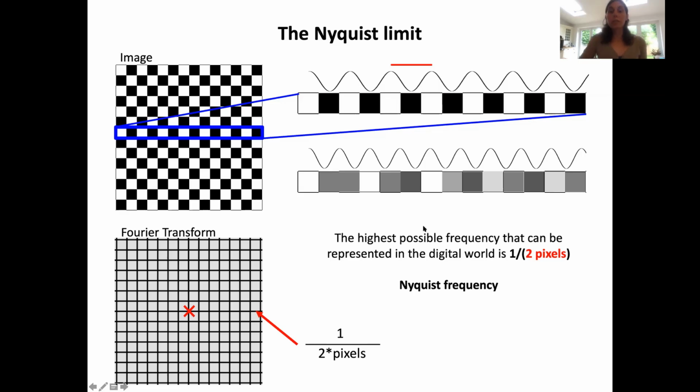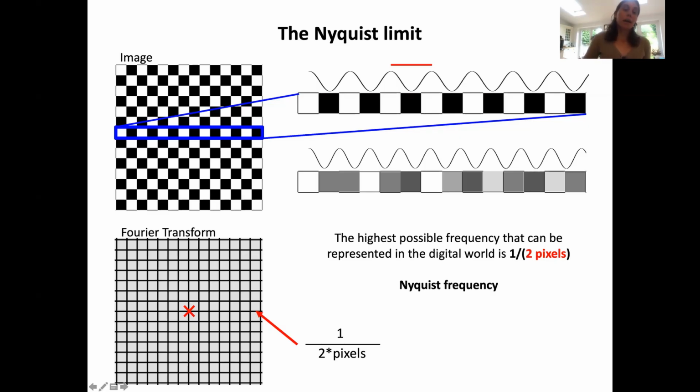So that means that if we have a certain pixel size in our image, we cannot represent any sinusoidal components that oscillate faster than that. That essentially sets the theoretical resolution limit of our image.